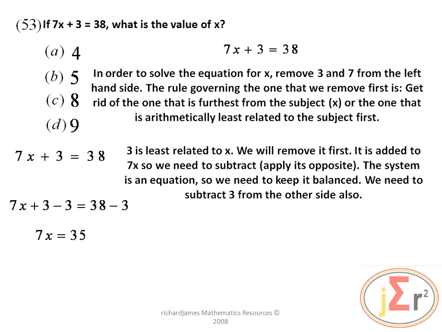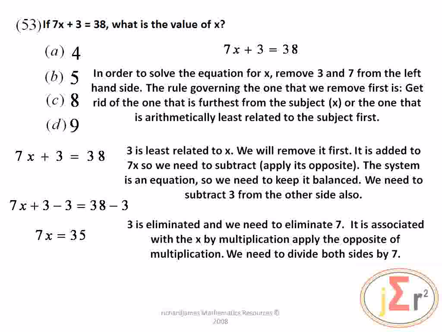3 is eliminated and we need to eliminate 7. It is associated with x by multiplication. So apply the opposite of multiplication, which is division. So we need to divide both sides by 7.